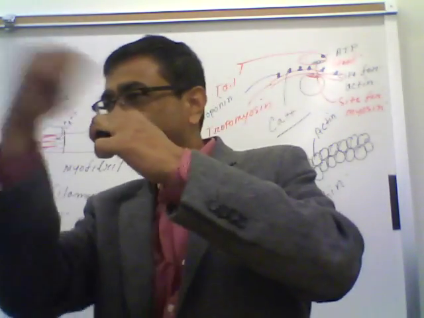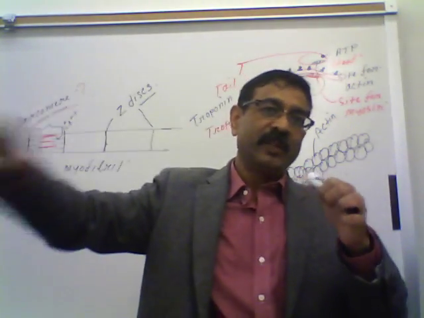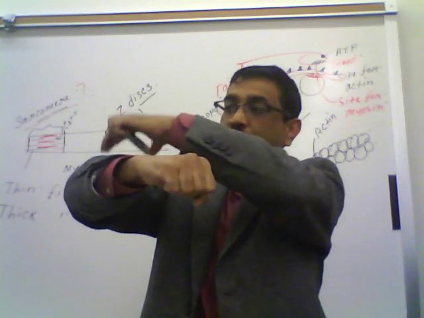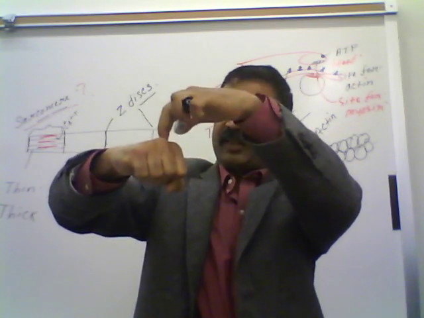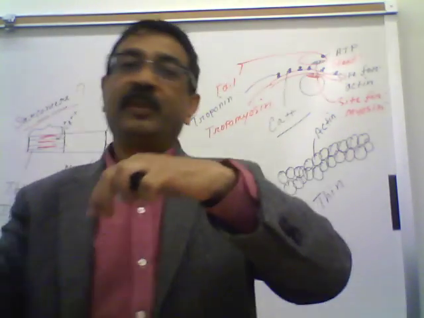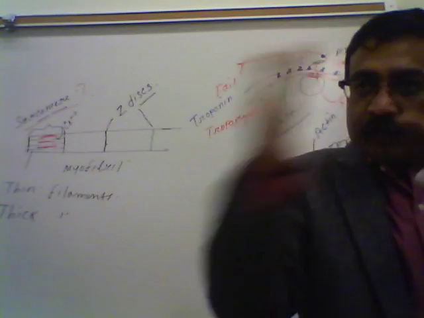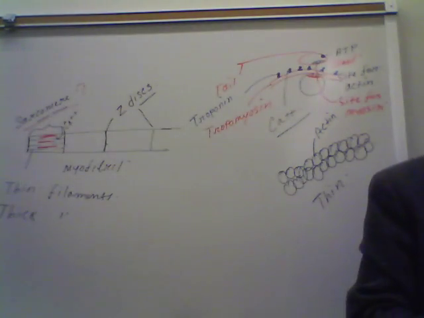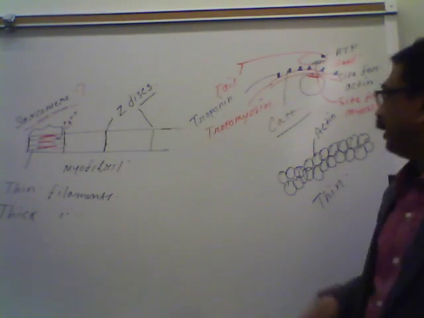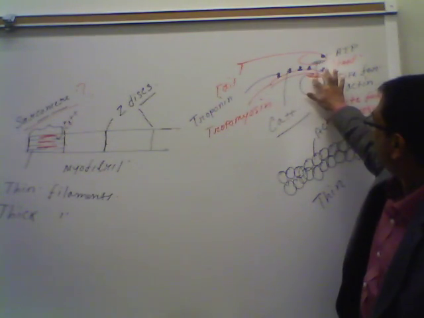Like this, all troponins will move to the side, and that will pull the rope to the side, because on the rope, tropomyosin, you have the troponins attached.